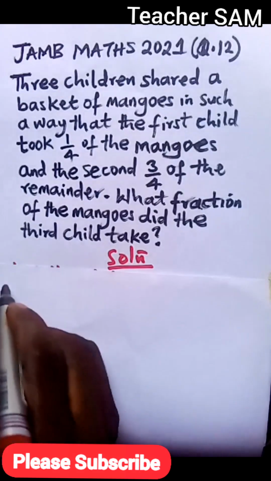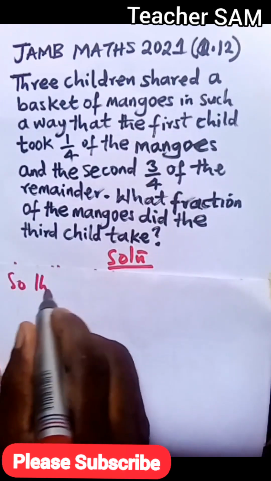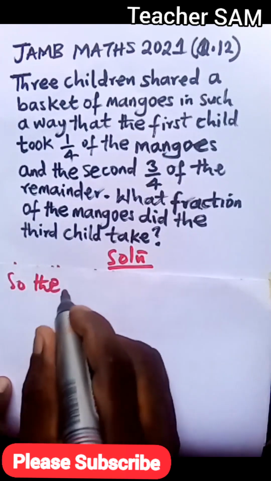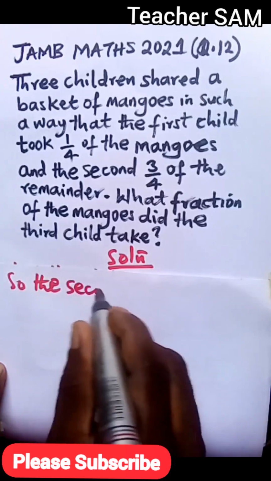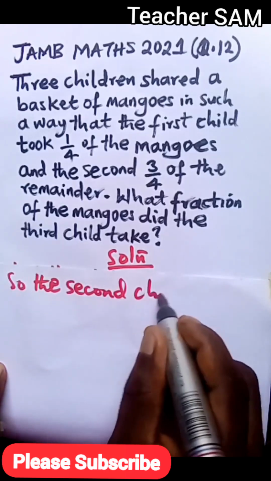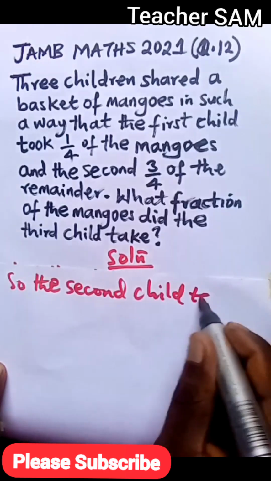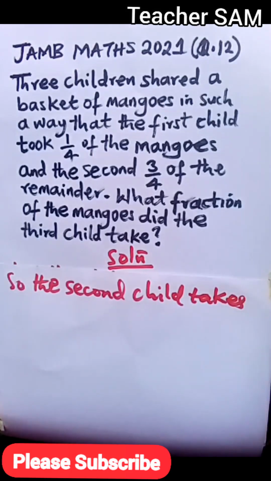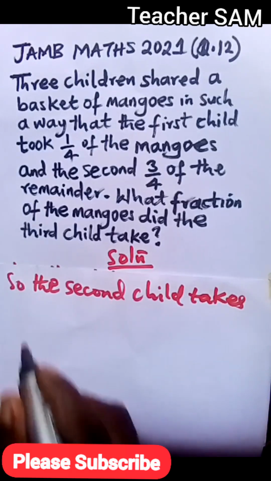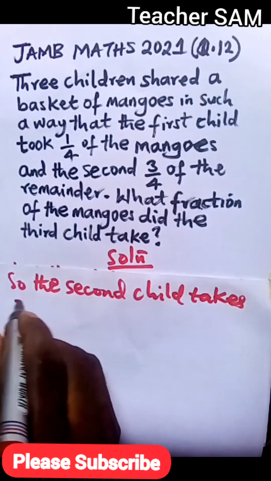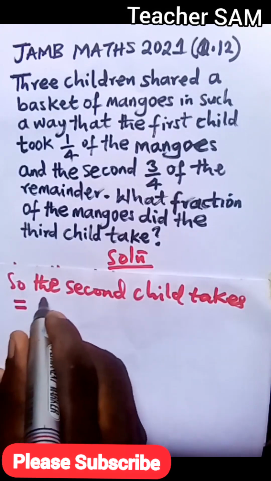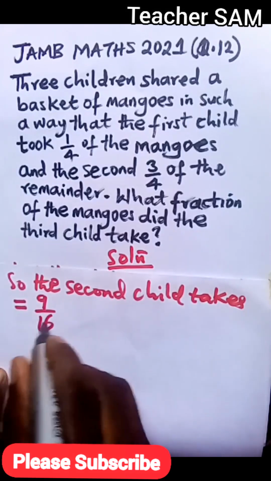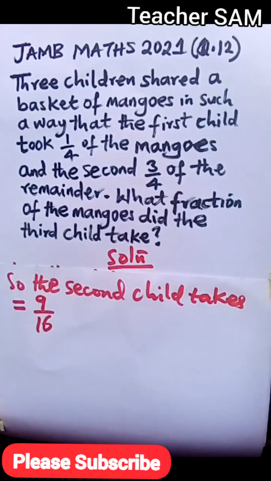So the second child takes 3/4 of the remainder, and the remainder was 3/4. So when we did that, we have 9/16. So that is what the second child takes.